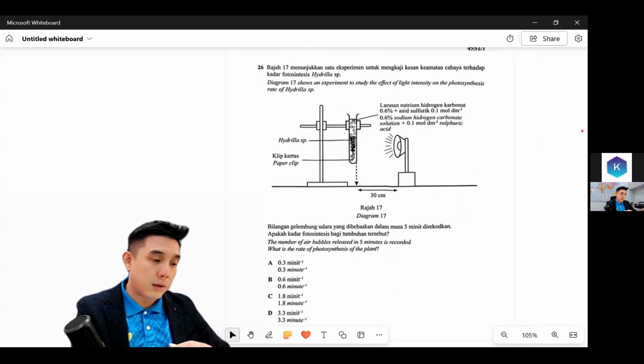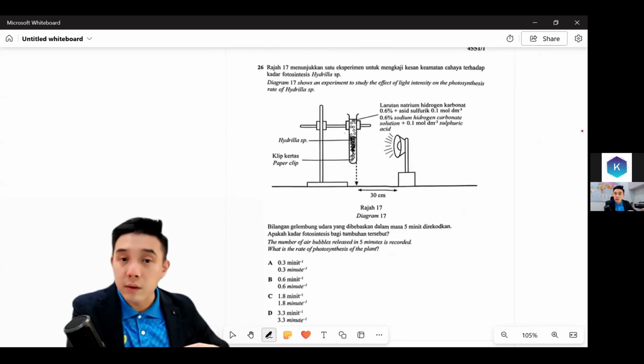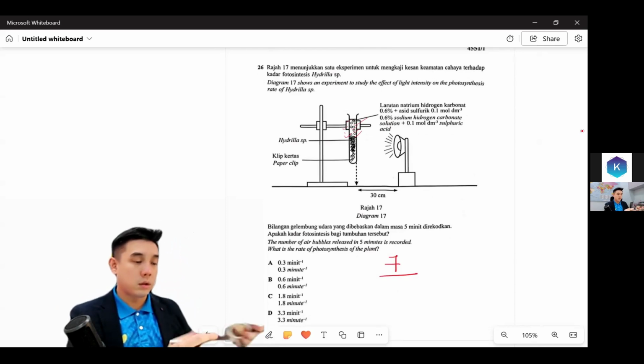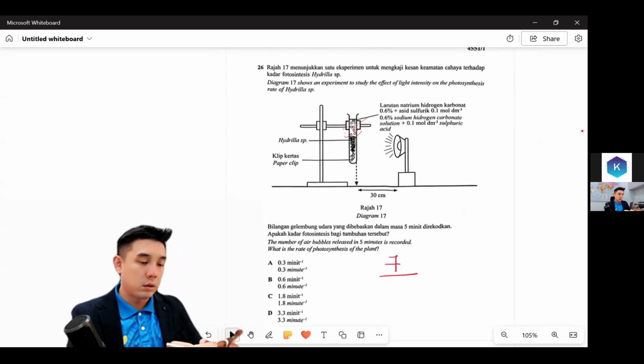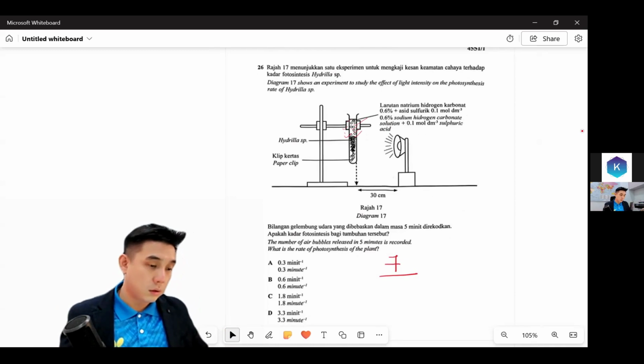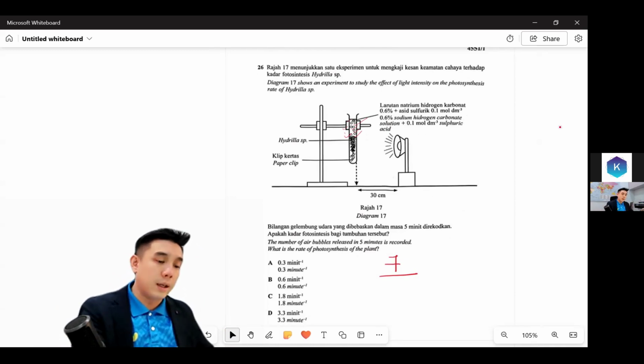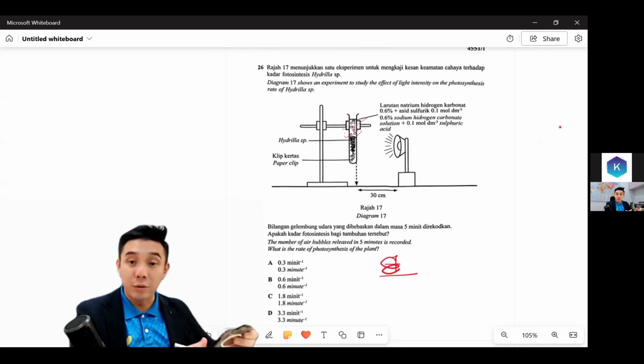Record the count, what's the rate? I'm guessing we are supposed to count 1, 2, 3, 4, 5, 6, 7, 8. Should be 8, guys.